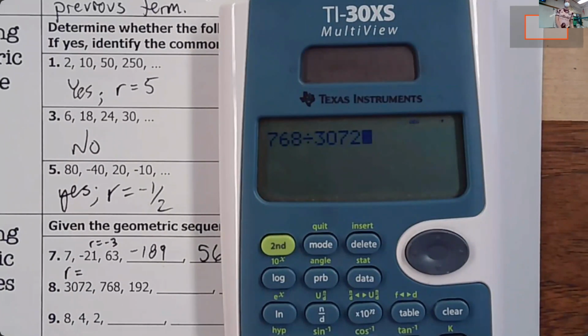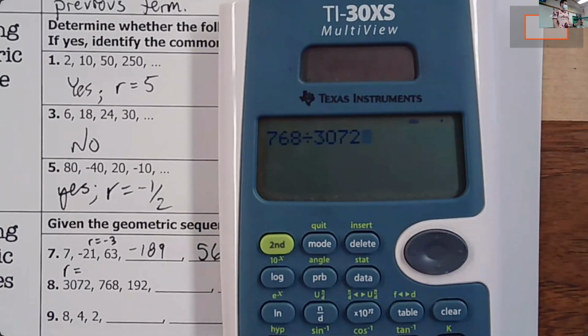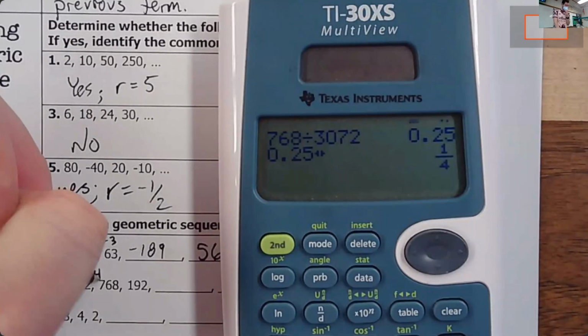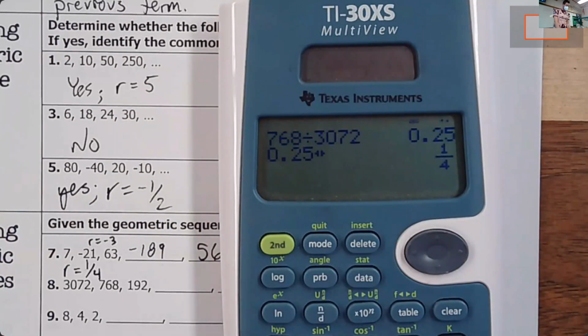By the way, we don't need to check to see if this one actually is a geometric sequence because it tells us that it is. Gives us 0.25, push the button above enter, and that says 1/4. So that's our common ratio, 1/4. Now that we have 1/4, we can multiply that by this number here, 192. And that gives us 48.